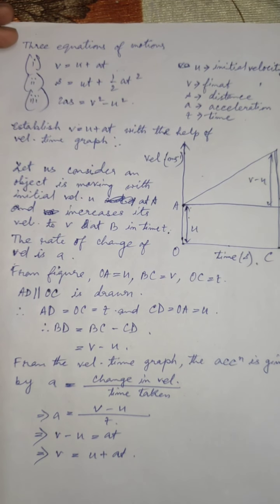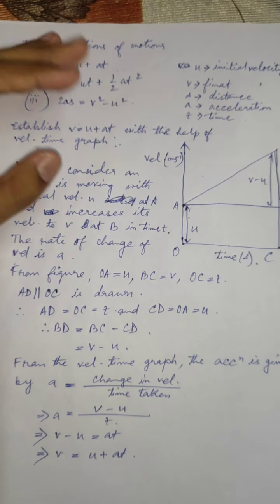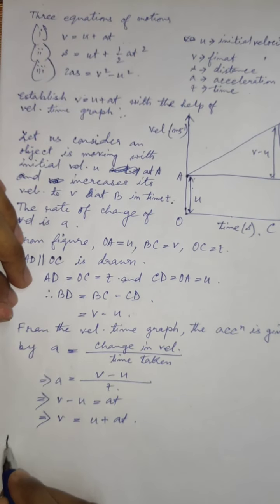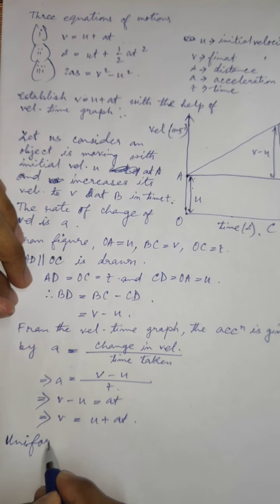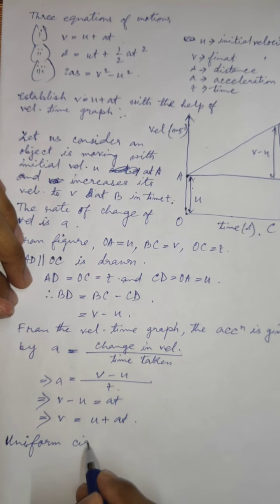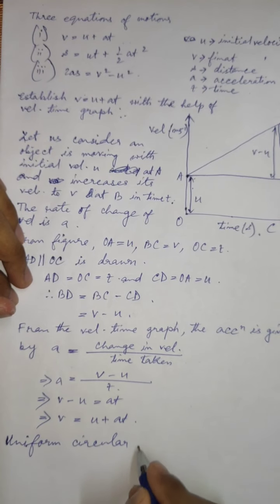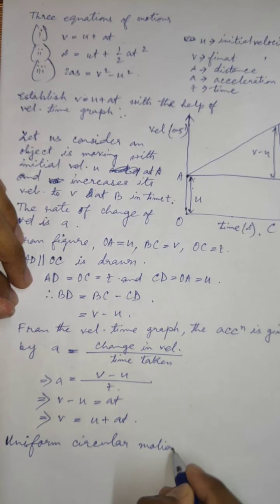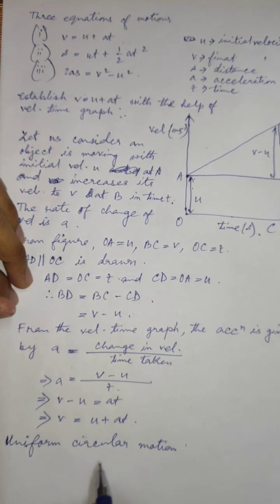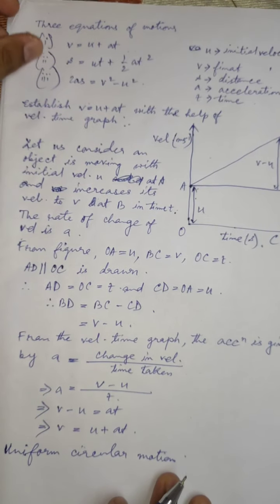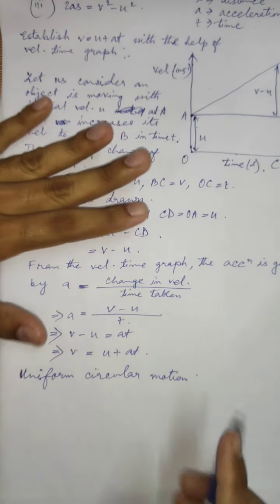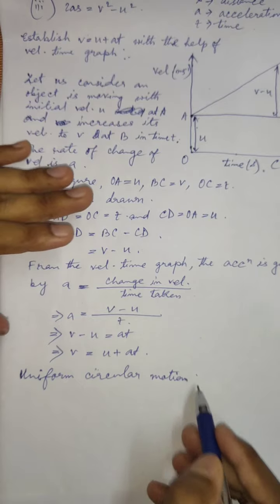Okay, next, the last topic is uniform circular motion. So what is uniform circular motion? Uniform circular motion is the motion of an object in a circular path.